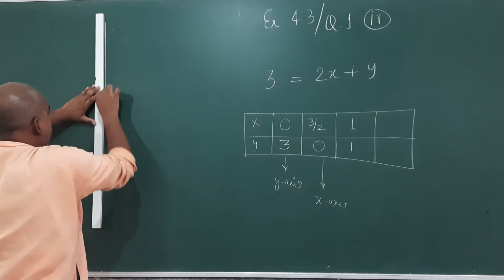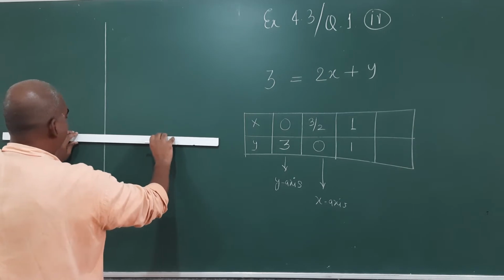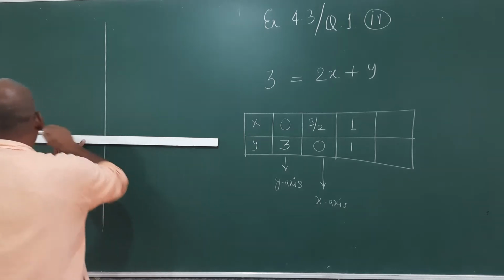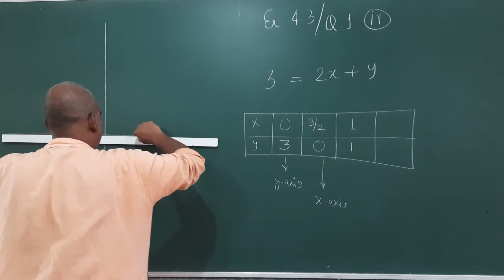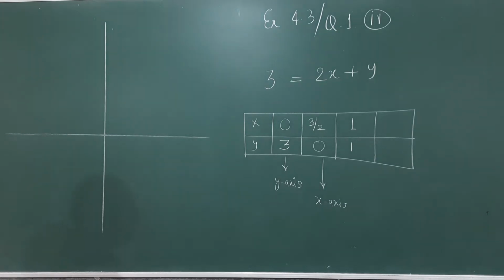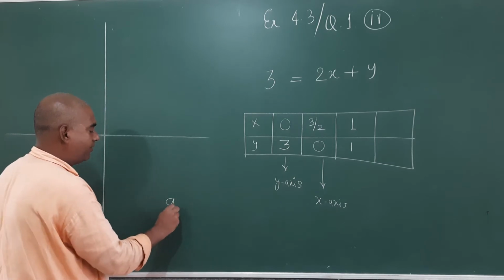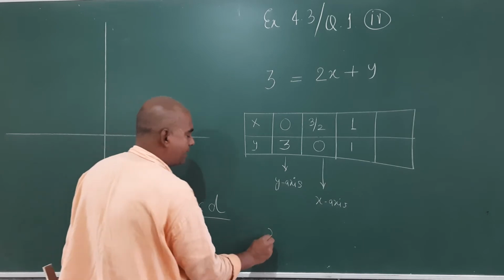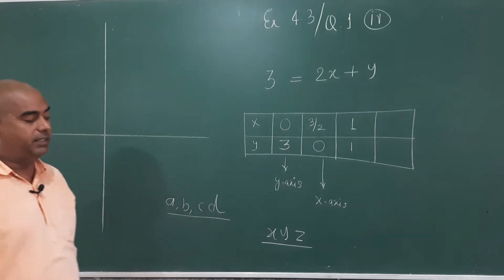Take the x-axis or y-axis. Actually, why is it called x-axis, why is it called y-axis? You know, whenever we study the alphabet, we start from ABCD, and XYZ are the final letters of the English alphabet.